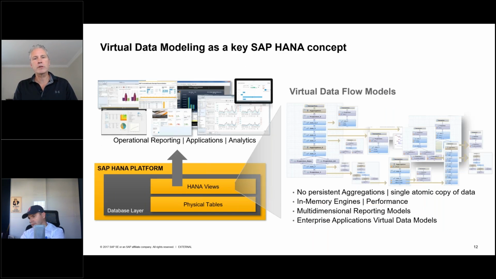And virtual data modeling is kind of a key HANA concept, and it's kind of like doing ETL on the fly, or it's not quite like doing the business objects universe. It's more like data flows, or ETL, where we're putting together joins around joins and aggregations and business rules around a use case, and then presenting that data in our analytics.